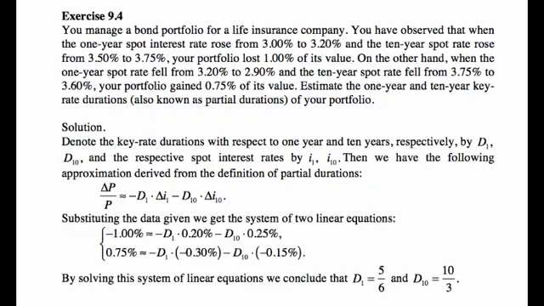My feeling is that this topic is probably too complicated to be asked in any sophisticated form, but if they really want to get to you, they could ask a question like this one, which is simply a two-dimensional generalization of the approximation of how the price changes as a result of a change in interest rate. If you only use duration, delta P over P is minus the duration times the change in interest rate.